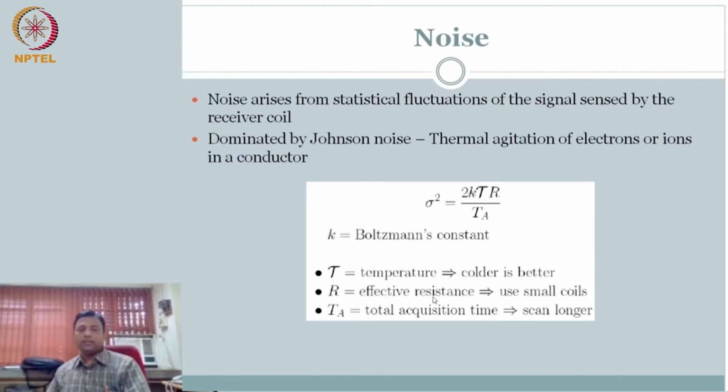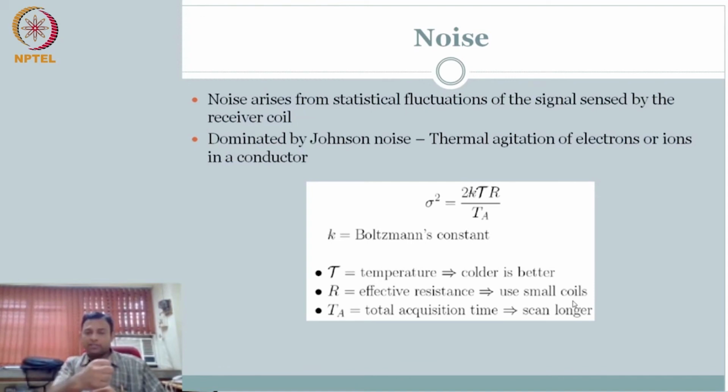How do you reduce that? Use small coils. Now you recall we talked about coil design, and I told you that's a big electronics measurements part that you can work on. So now you understand where. If I image the wrist, I told you there is a body coil, and then they make dedicated coils: wrist coil, knee coil, head coil, name it. Why do they do that? I want to use a small coil.